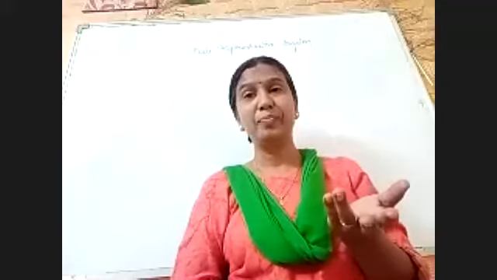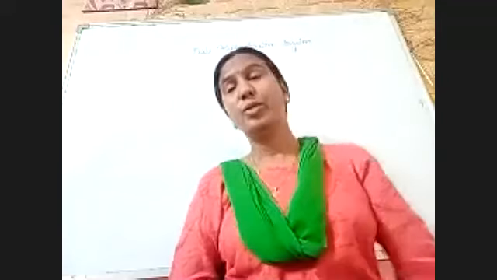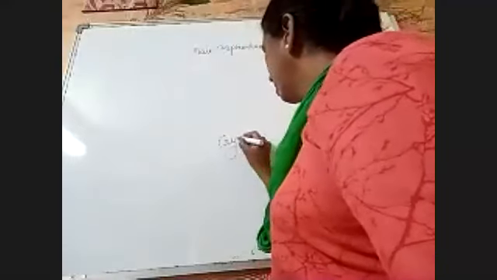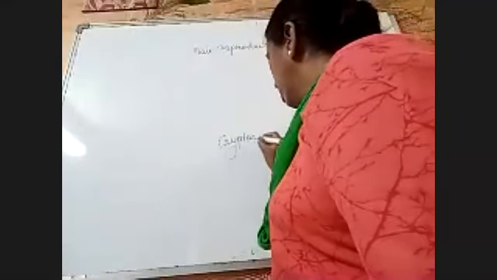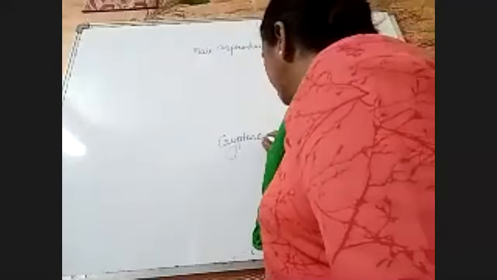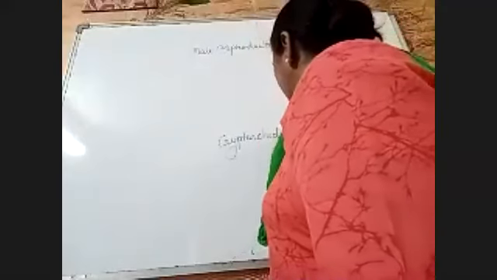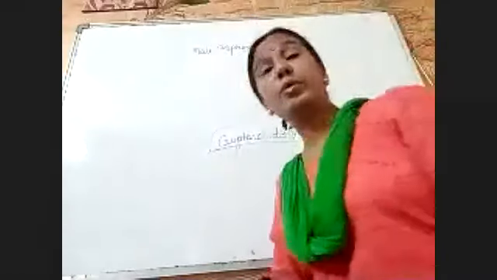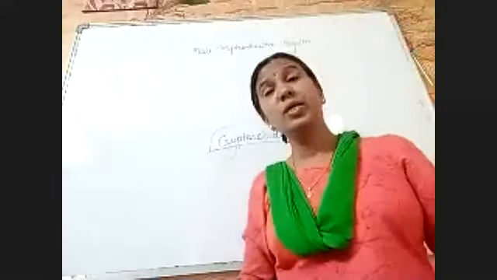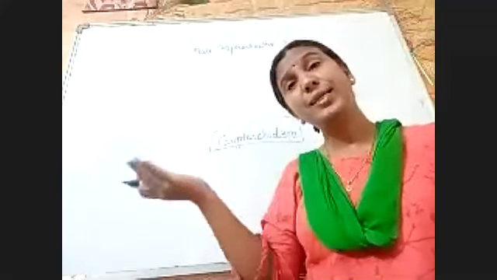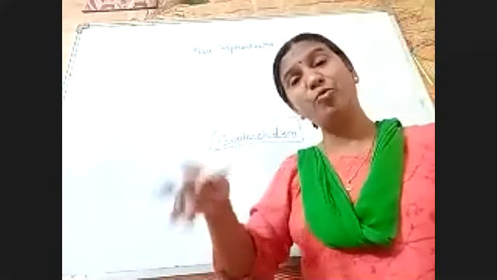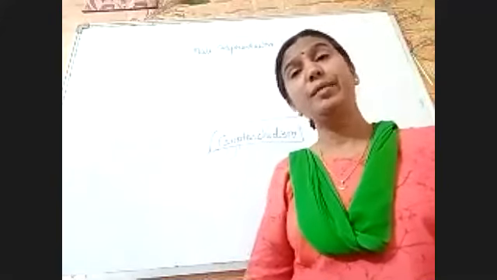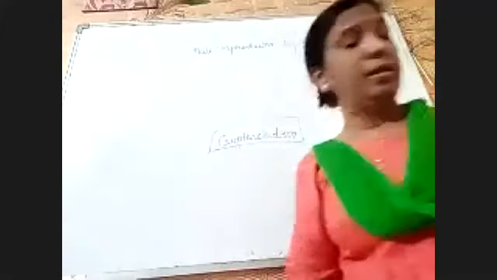That condition is called cryptorchidism, in which the testes do not descend downward into the scrotum, they will remain in the abdomen. समझ में आ रहा है? ठीक है.